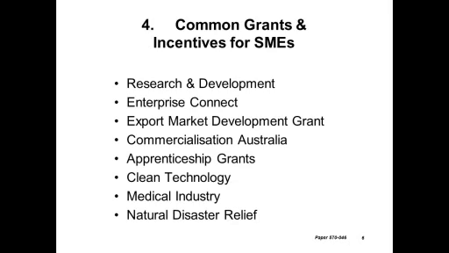Apprenticeship grants. There are 9 separate apprenticeship grants in Australia. Now some of them are restricted to trades that are listed on the National Skills Needs list, but there are some others that generally apply to most businesses. Clean technology, a series of grants that was introduced by the previous Prime Minister about 12 months ago, basically to do with the carbon tax legislation.